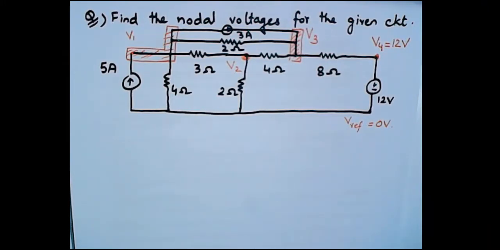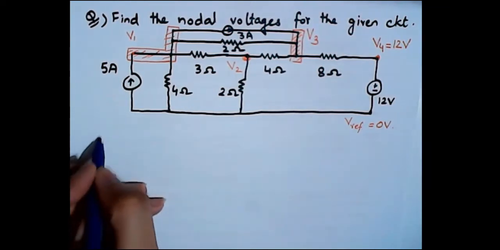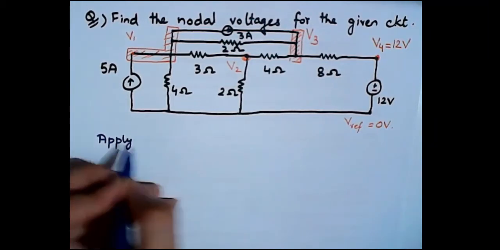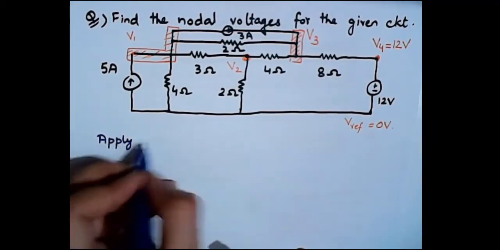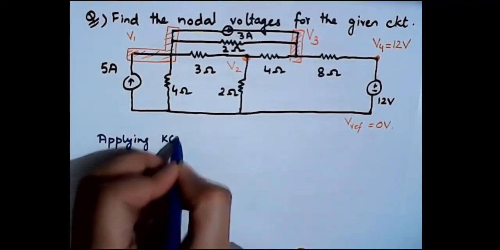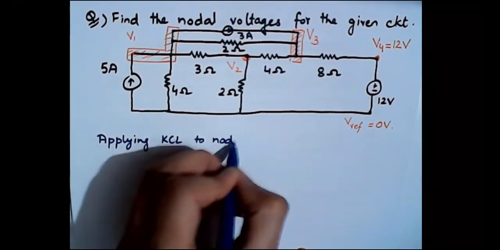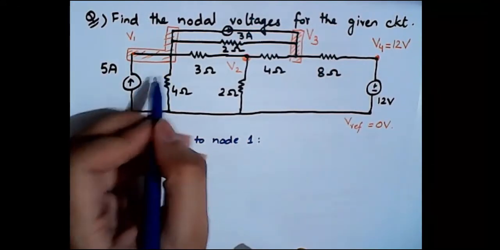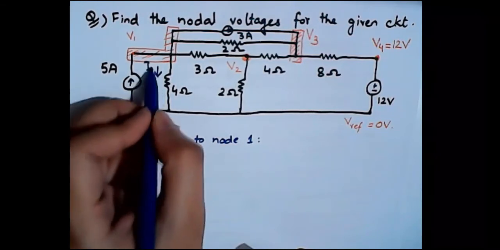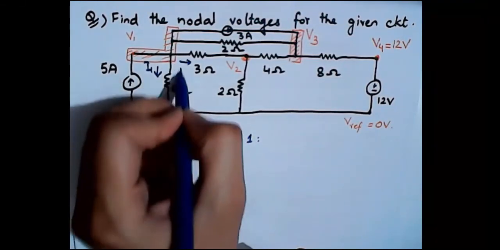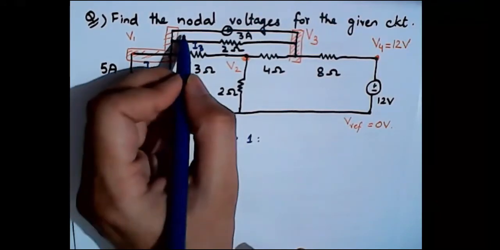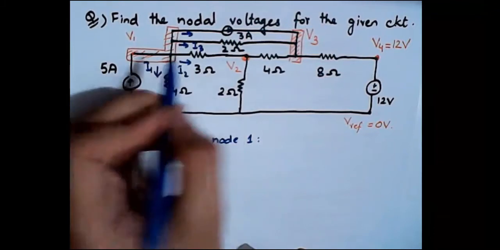So coming on towards the first step, now let's start off by applying KCL to node 1, right? Here you can see, and those currents which are not assigned, we can assume their direction I1, I2, I3, and here we already have a direction assigned, right?